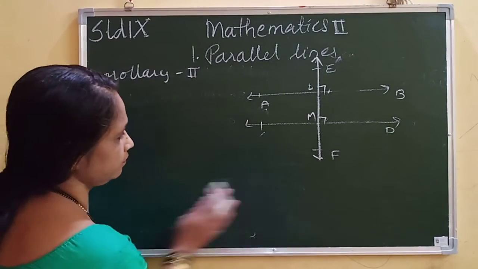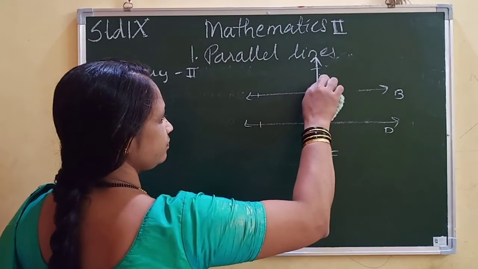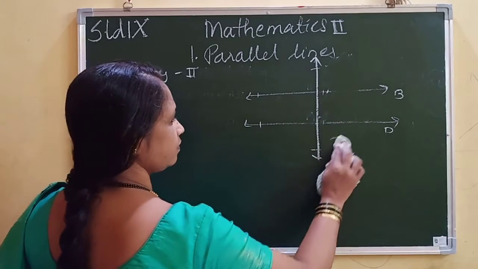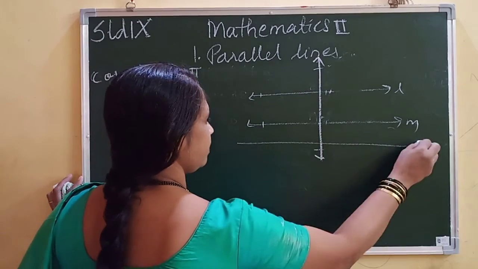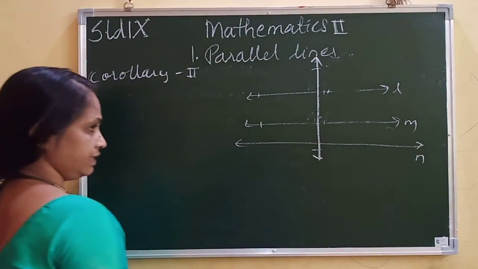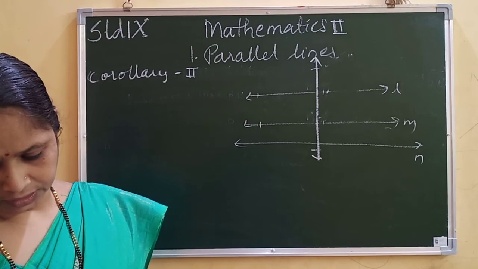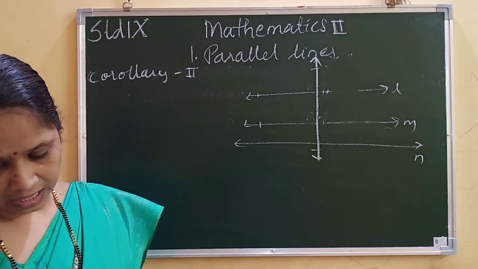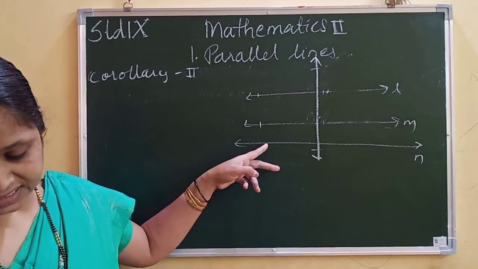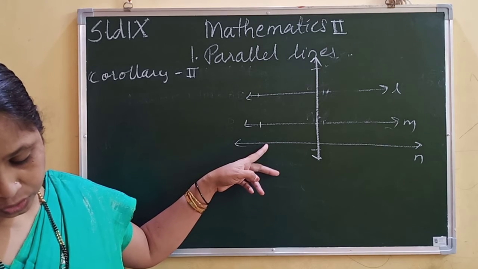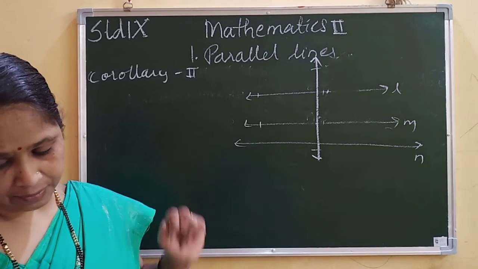There are three lines, L, M and N. If two lines in a plane are parallel to the third line, then the two lines are parallel to each other.